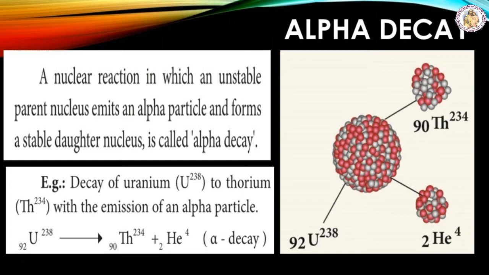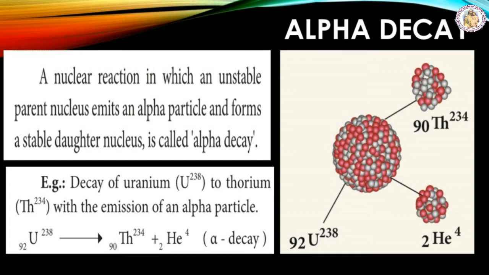A nuclear reaction in which an unstable parent nucleus emits an alpha particle and forms a stable daughter nucleus is called alpha decay. Example, decay of uranium. Uranium we write as U-238.